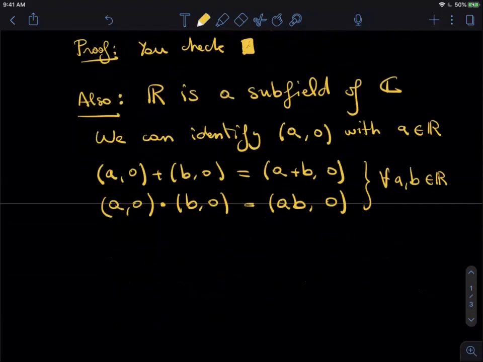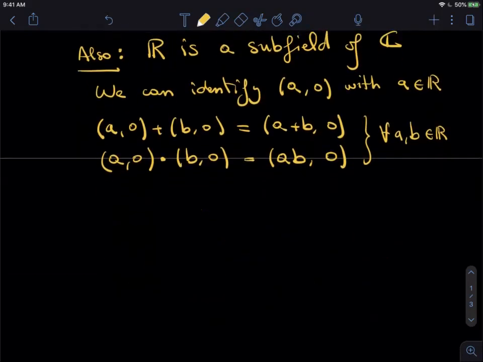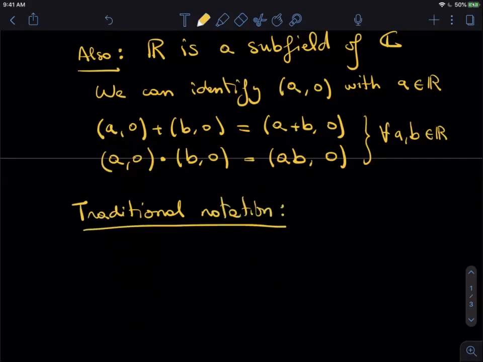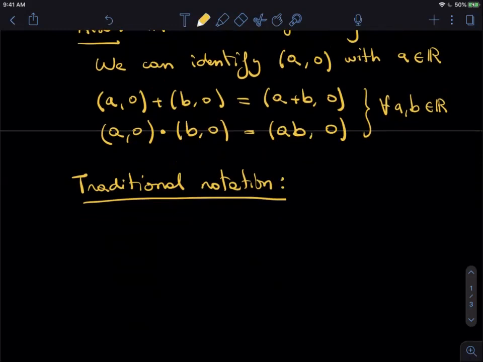Now you may be wondering what happens with the usual notation. Instead of usual, let me call it traditional. The traditional notation for a complex number is that the pair (a, b), we call it a plus bi, where i is the imaginary unit.